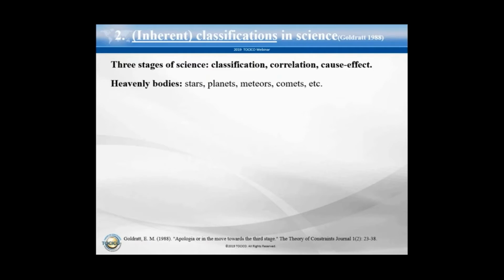The classification of heavenly bodies as stars, planets, meteors, and comets. People in that area of science defined each of these terms: a star, a planet, a meteor, and so forth. And they did that for the purpose of identifying similar celestial bodies. So the classification scheme's purpose was to classify heavenly bodies so that we could identify similar heavenly bodies.